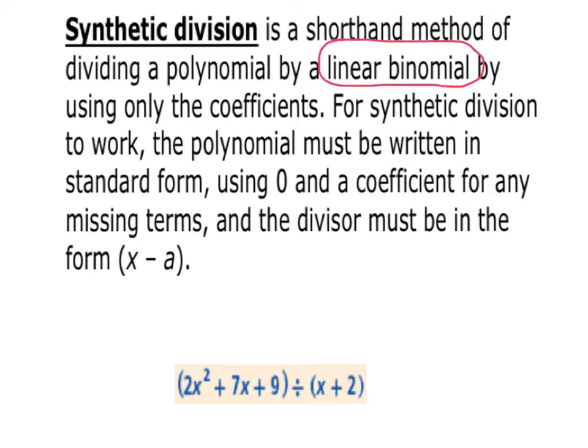For example, look at this one here, x plus 2. That is a linear because it's x to the first power, and it's a binomial because it has two terms. You can only use synthetic division when your divisor is a linear binomial. Okay. All right, go ahead and pause. Make sure you get the rest of this definition down, and then we'll go on and learn the method.